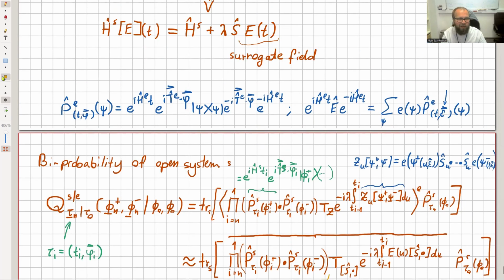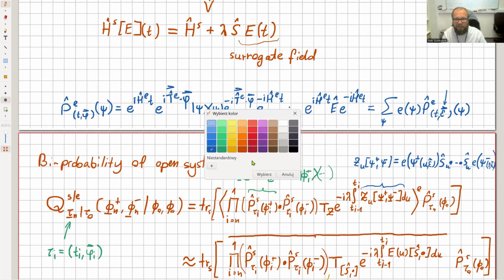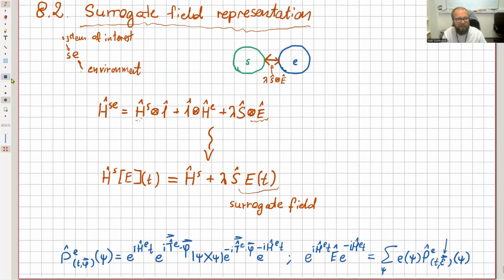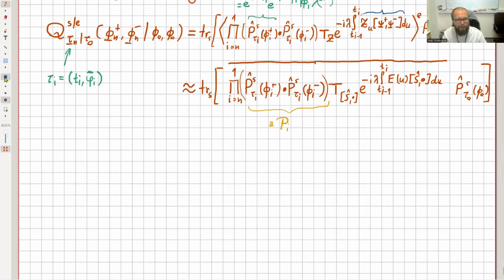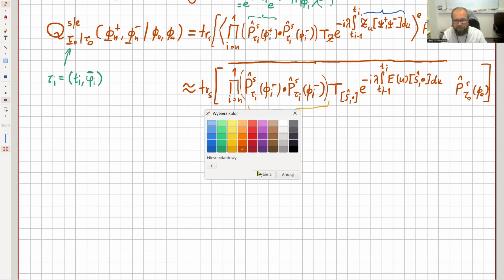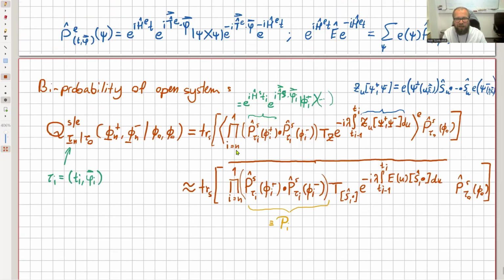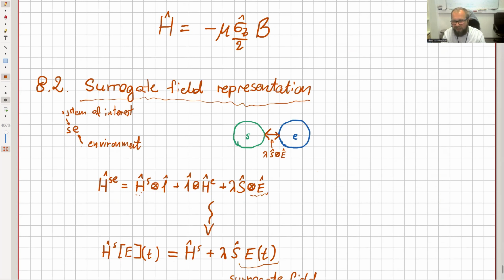Okay, one more thing for the environment. Let's assume also that the initial condition has the standard product form, S_0 times rho_E, standard for an open system setup.